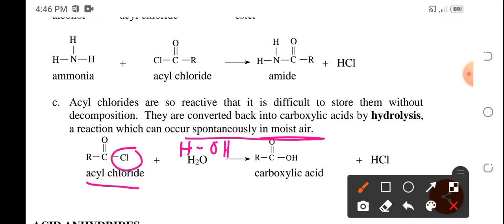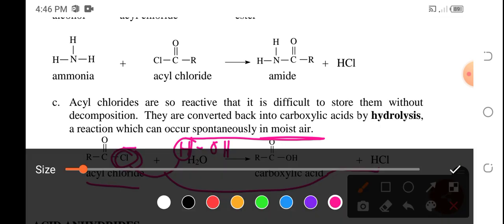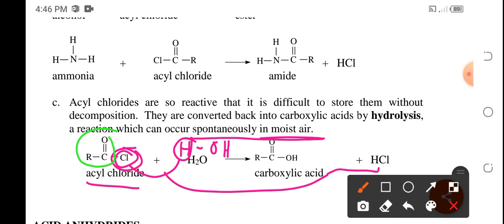The chlorine from the acyl chloride will react with the hydrogen from the water to produce hydrochloric acid, and the remaining RC double bond O of the acyl chloride and the hydroxyl group will form a bond to produce the carboxylic acid. So it converts back to its carboxylic acid parent chain if it reacts with water via hydrolysis. That is why it is difficult to store. Very reactive.